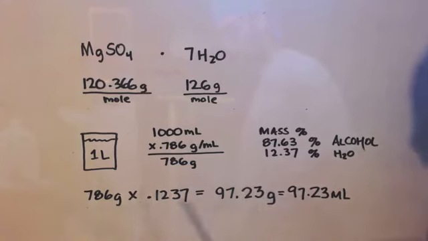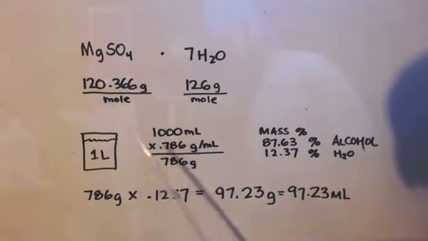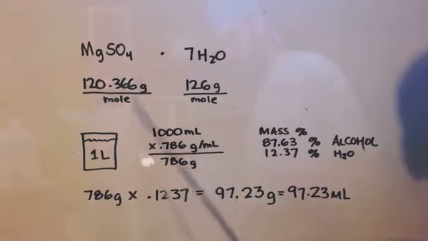My point is if I have a liter of this, that means I have 97 1/4 grams of water. And to soak that up, I'd need to add in 97.25 grams of this. Okay, I would throw in my 100 grams of magnesium sulfate.